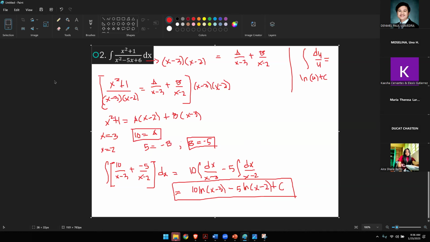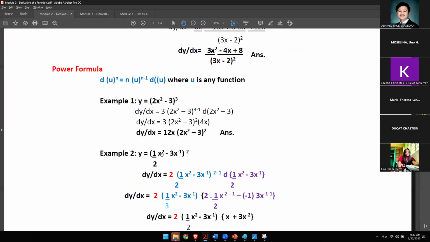Hmm? Yeah, kung gagamit kayo ng yung logarithmic, anong rule na naman yun? Sa quotient rule, tama? So, quotient rule, lon ba? Okay, recall natin.